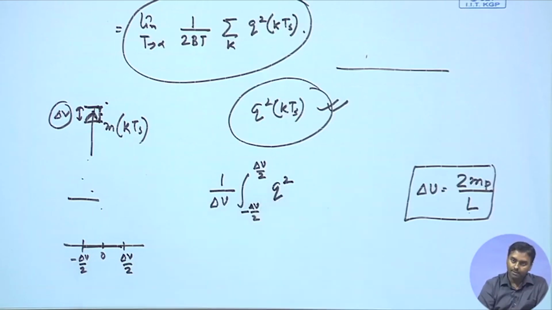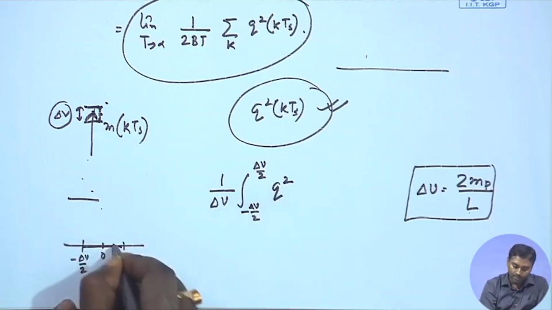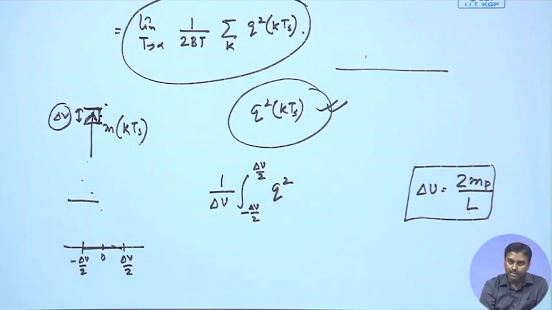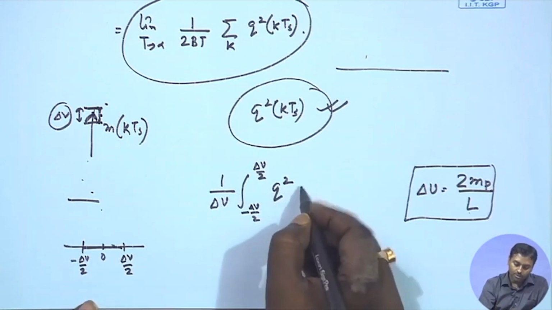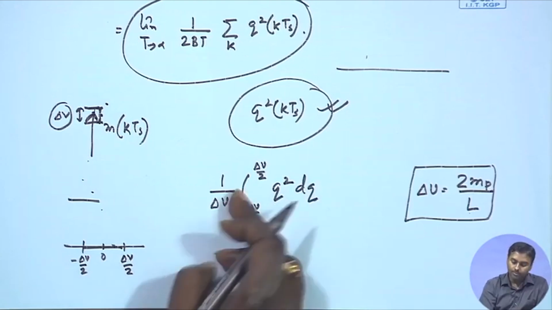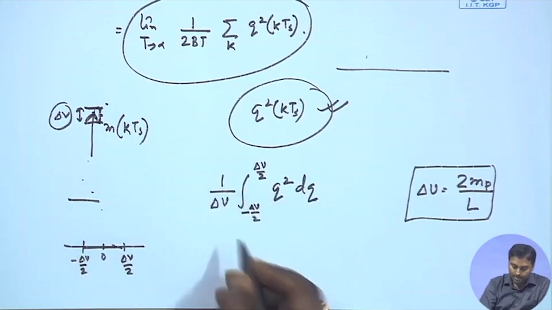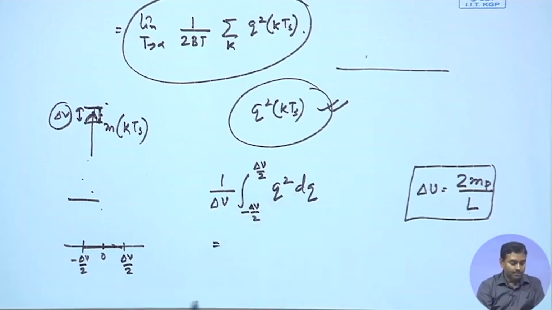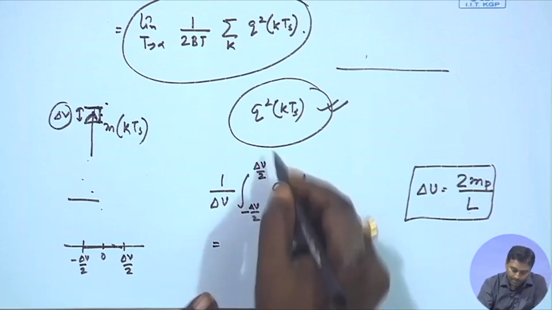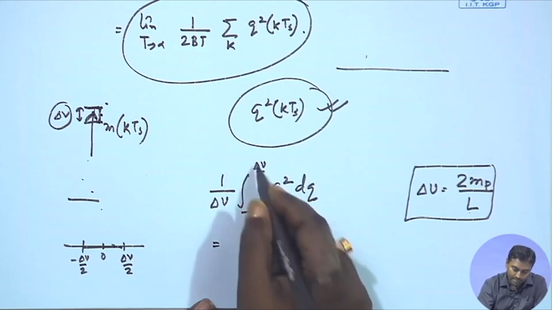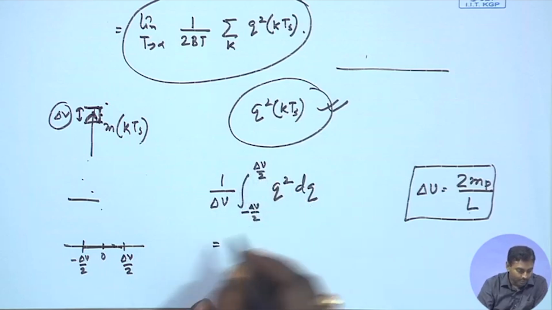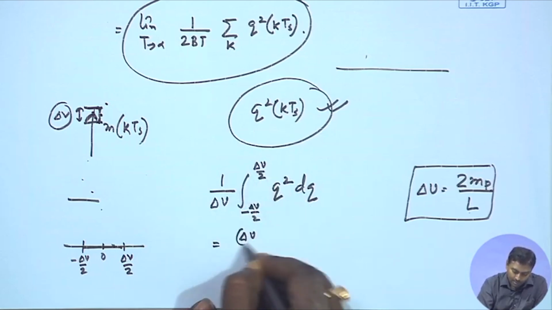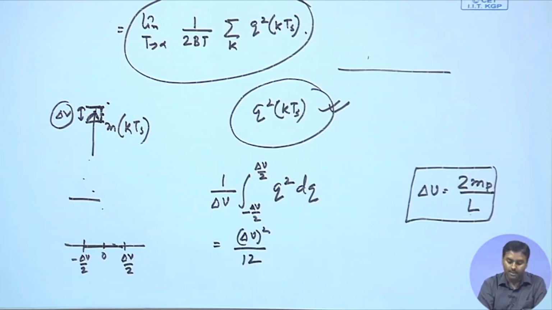I want to take the average of that, whatever that value of q is, the deviation is the error. So, q square dq I will have to integrate, PDF I have already taken out. So, if we evaluate this, what do we get? If you just integrate it and then put del v, you will be getting del v square divided by 12, that is the quantization error.